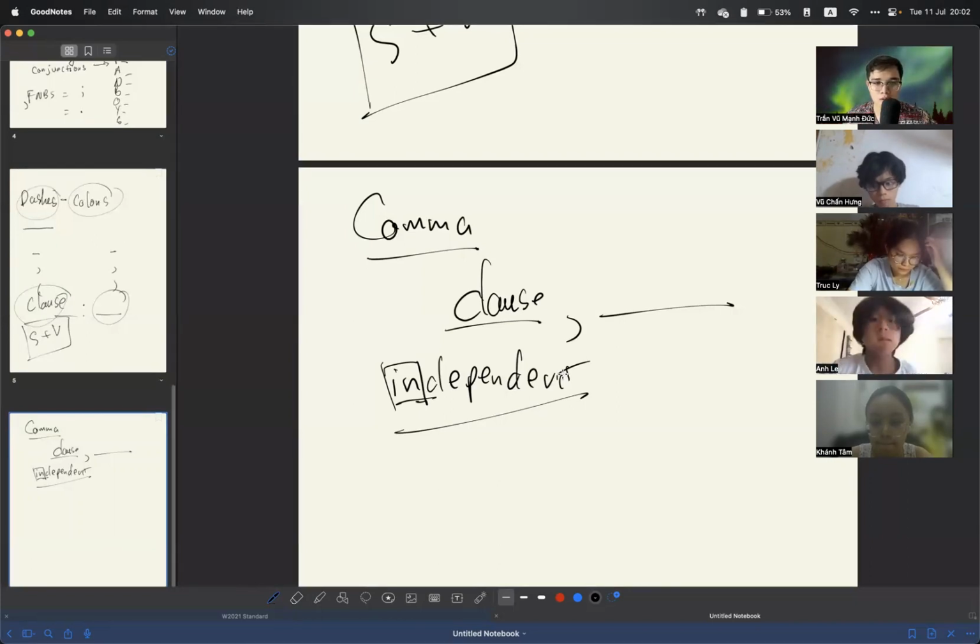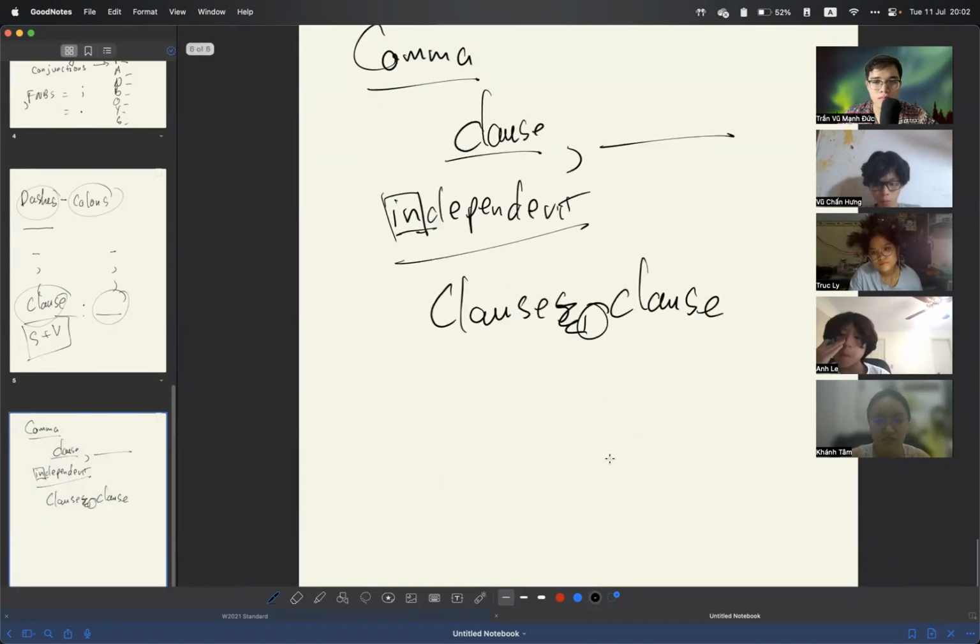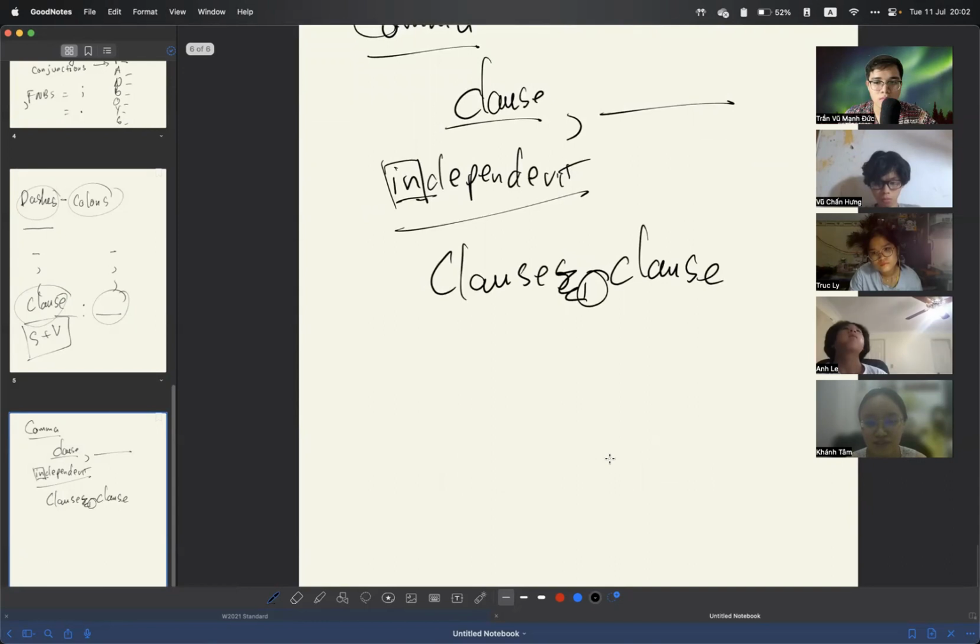If I am to put two full clauses or two independent clauses next to each other with a comma, what will I create? I have to use the fanboys. Yeah, you must use the fanboys, but what is this error?